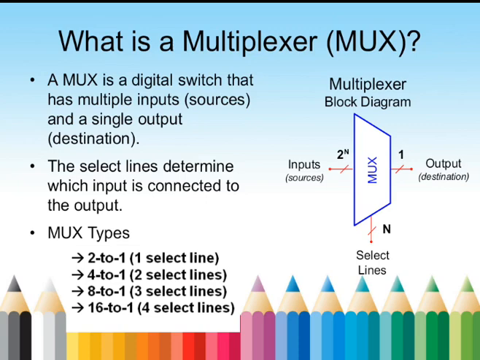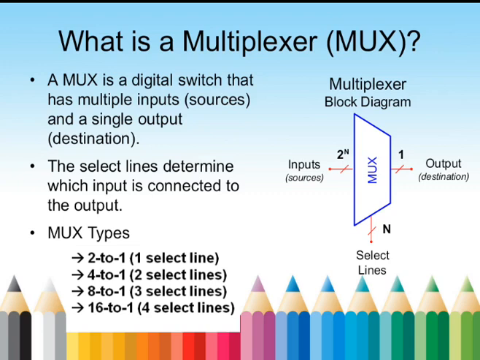The basic multiplexer has several data input lines and a single output line. The selection of a particular input line is controlled by a set of selection lines. Since a multiplexer selects one of the inputs and routes it to the output, it is also known as a data selector.